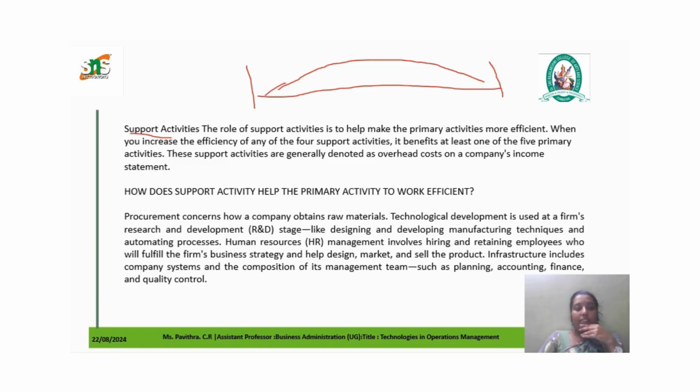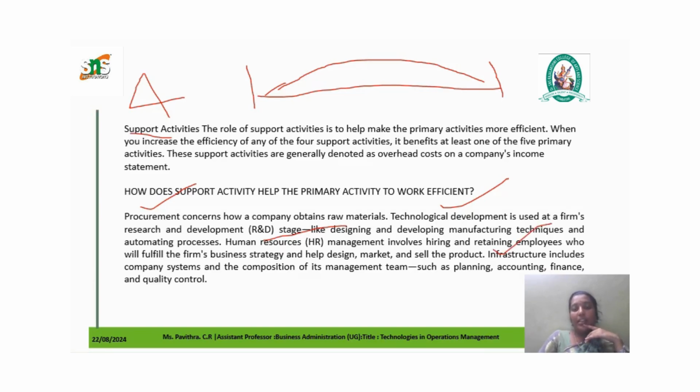The support activity is classified into 4 main components, and these components vary from industry to industry. The 4 kinds of support activities are: first procurement, next technological development, thirdly human resource management, and next infrastructure.